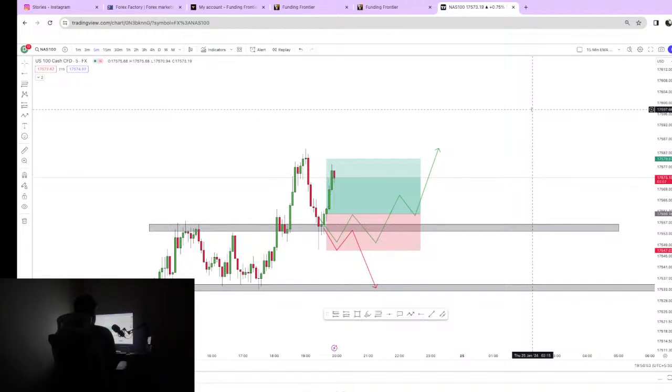Yeah, I saw it later on, so I have placed the stop loss at our entry price so that we are at zero risk now.